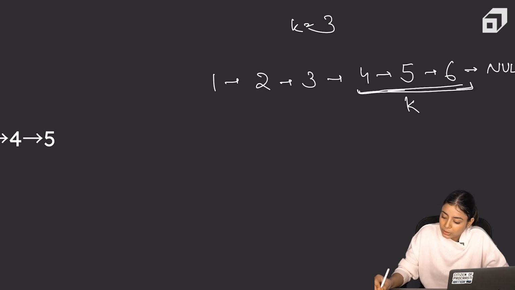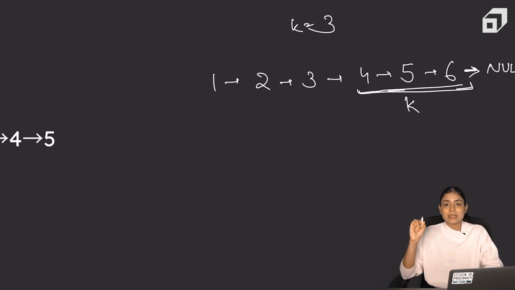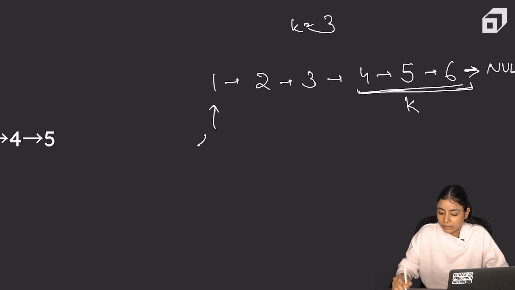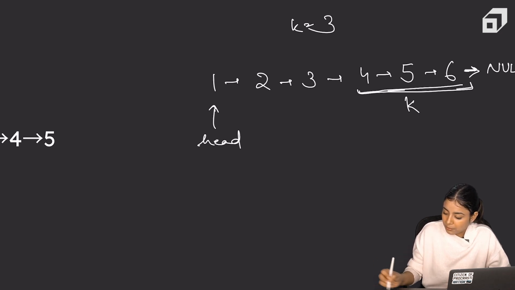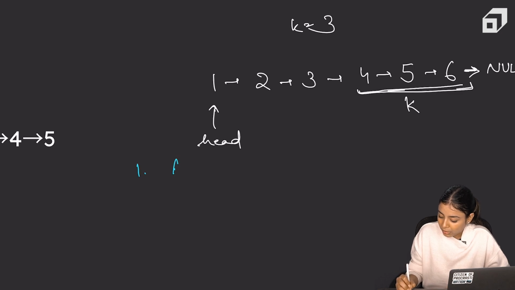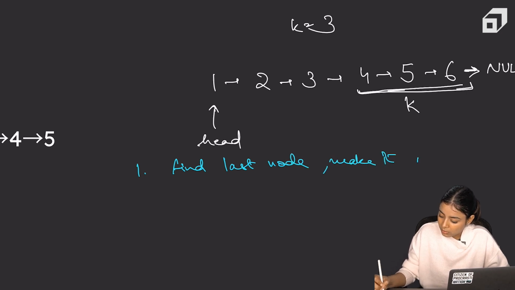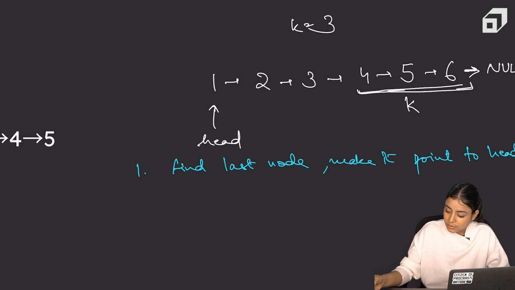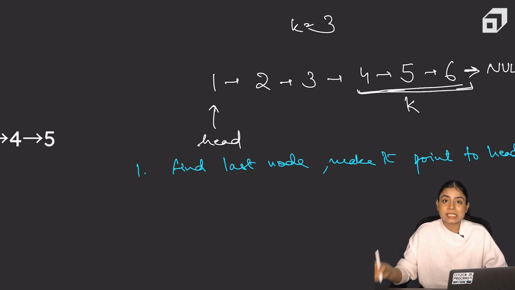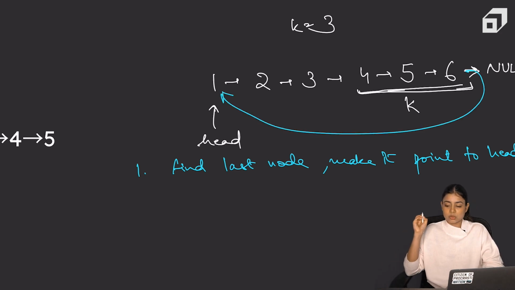That means what will come in the next of 6 is my current head. So step number one would be to find the last node and make it point to the head node. For example, I find out that 6 is my last node, so I'll make it point to my head, which is 1.